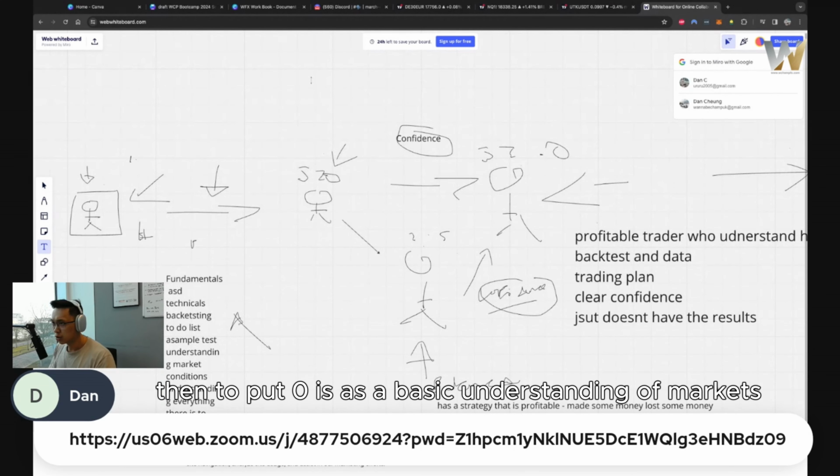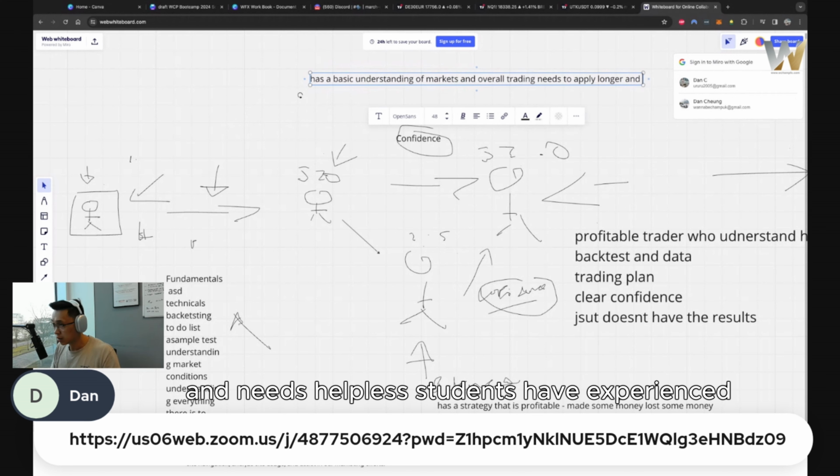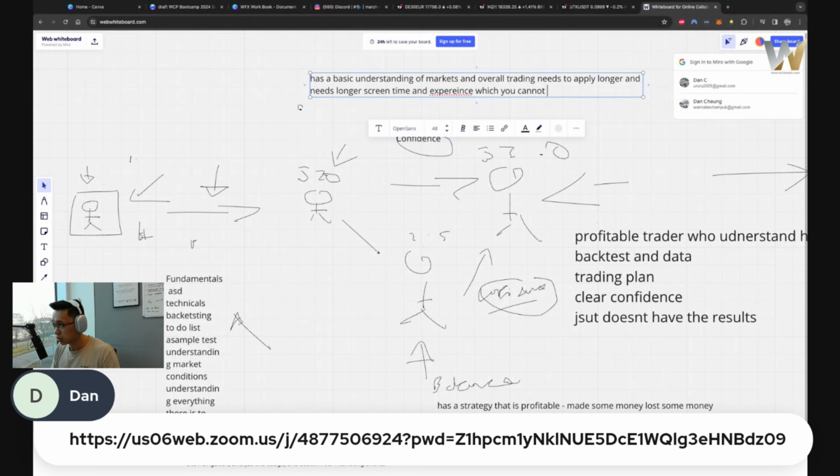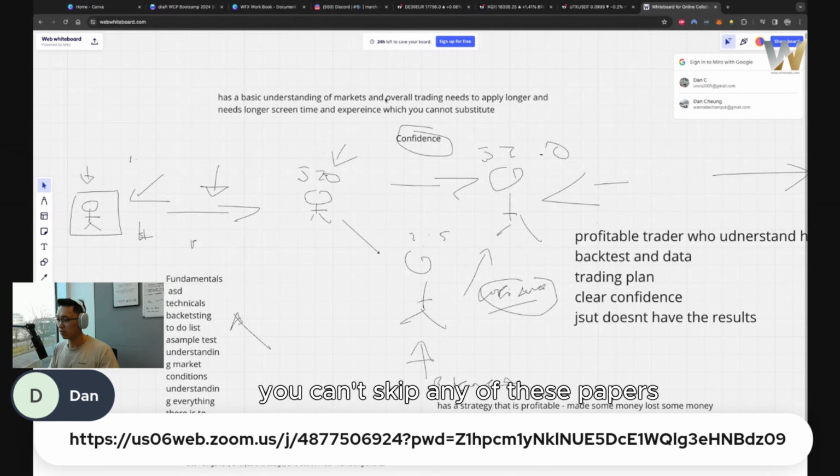Then 2.0 has a basic understanding of the market and overall trading, and needs longer screen time and experience, which you cannot substitute. No matter what you do, you can't skip any of these phases.